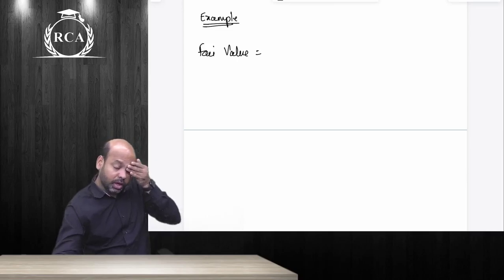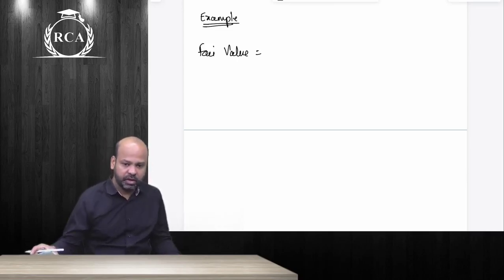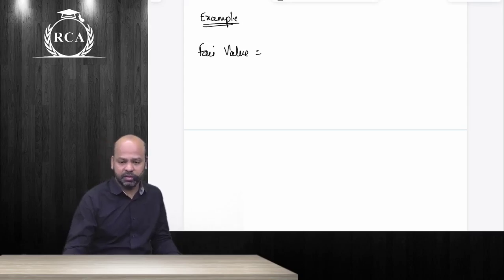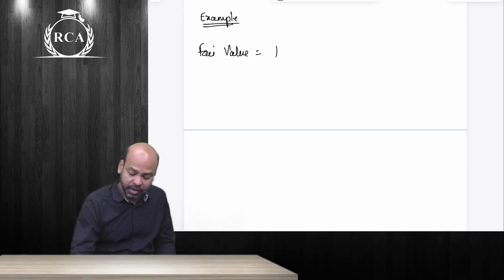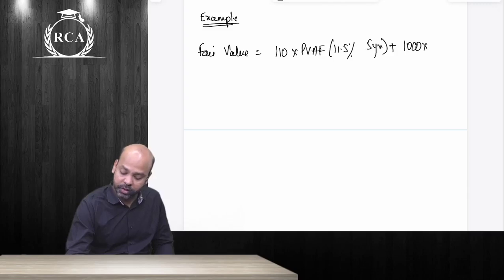So 110 rupees will be your coupon amount every year for the next 5 years, and you will also get an amount of 1000 rupees at the end of the 5th year. So fair value will be 110 multiplied by PVAF at 11.5% for 5 years, plus 1000 rupees into the present value factor at 11.5% for the 5th year.